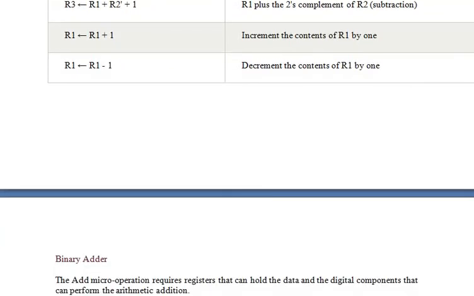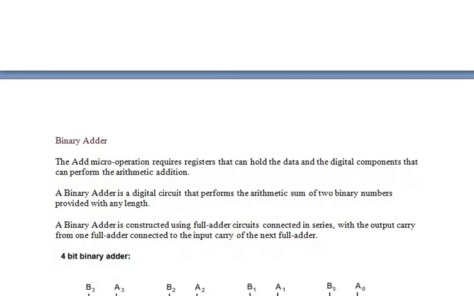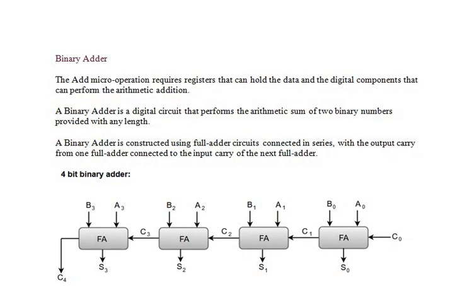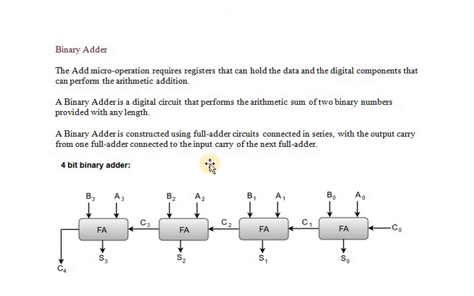Now we will see the binary adder. See here, this is the binary adder. The add micro operation requires registers that can hold the data and digital components that can perform the arithmetic addition. First we will see what a binary adder is.